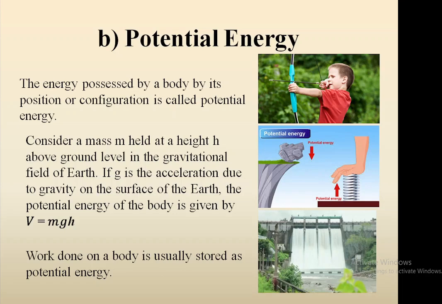When he releases the arrow, this strain energy is transferred to the arrow, and the arrow moves in the forward direction. So the boy keeps the string in a state of strain, which means it has the capability to do work.